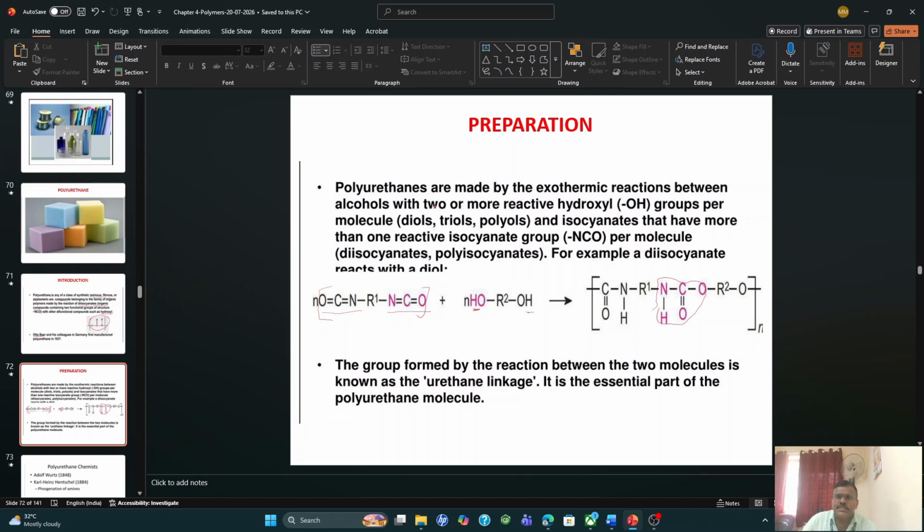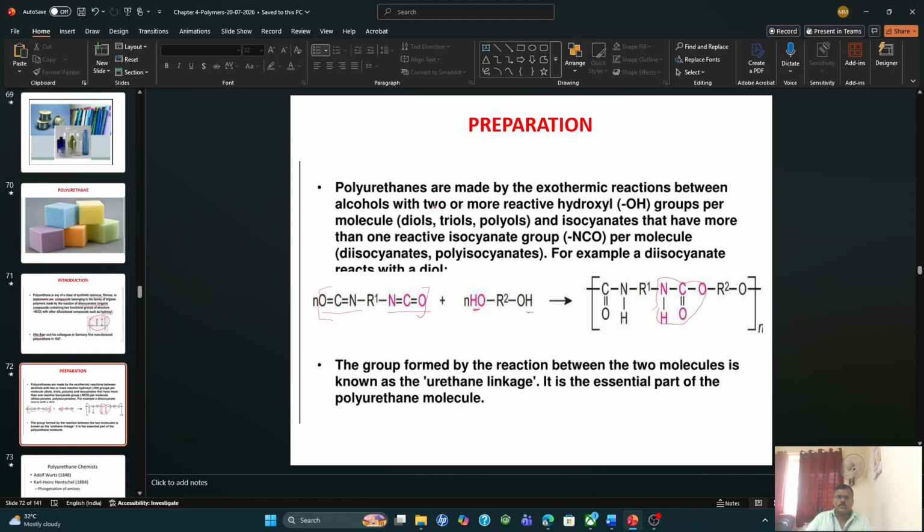These hydrogens, see R2 and O, one hydrogen is moved to the NH. See R2, O, O, CO, NH. Similarly, the other hydrogen will move to this nitrogen. So R1, NH, CO. This is polyurethane.